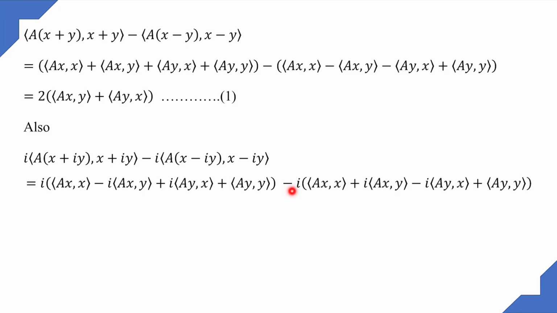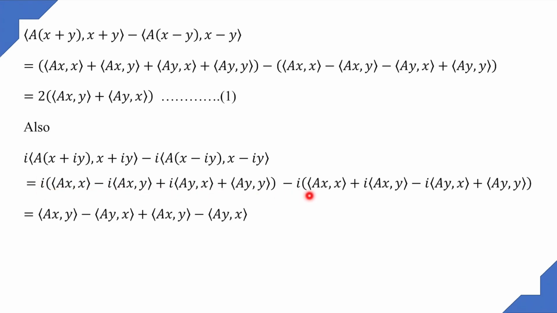Then minus the second term: minus I times inner product axx plus I times inner product axy minus I times inner product ayx plus inner product ayy.